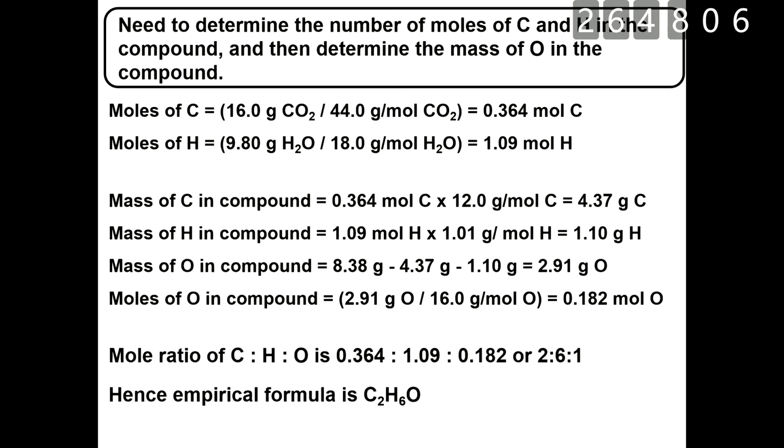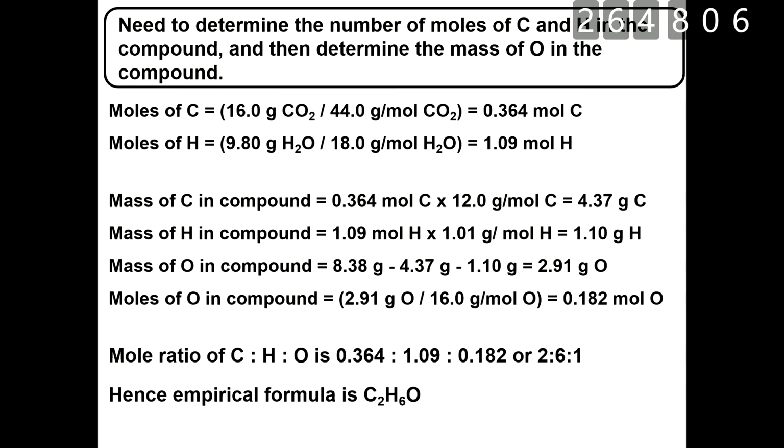Okay, now we know the moles. We can calculate the mass of carbon. The mass of carbon is just moles times molar mass. This is the mass of carbon, and the mass of hydrogen, right? And again we get this. So we can get the mass of oxygen in the compound.